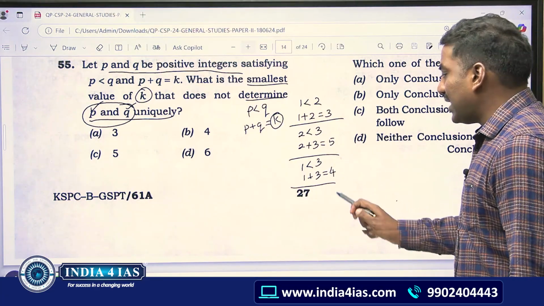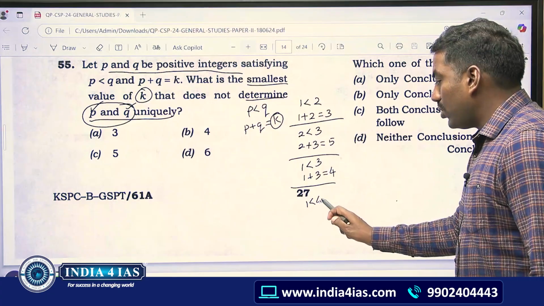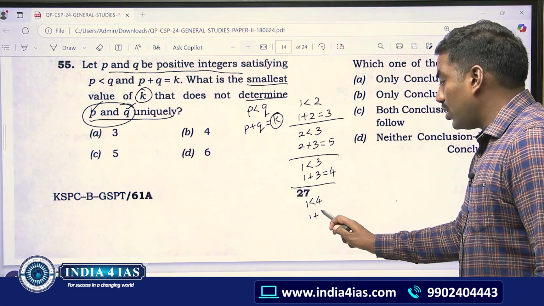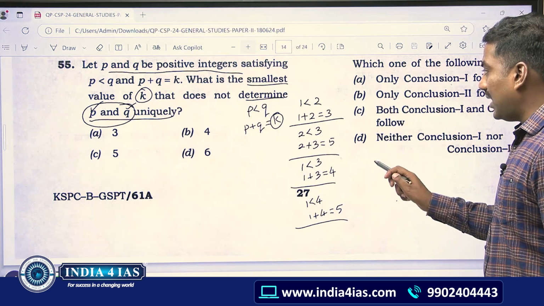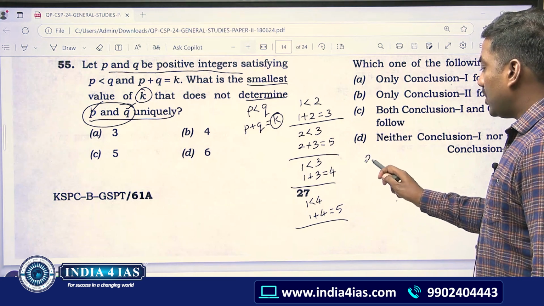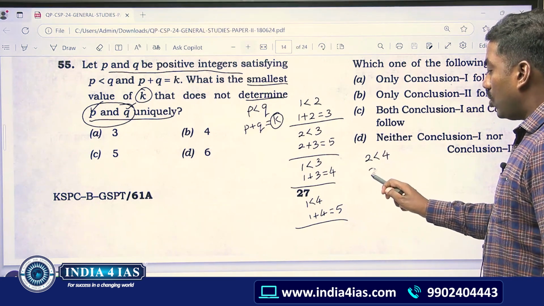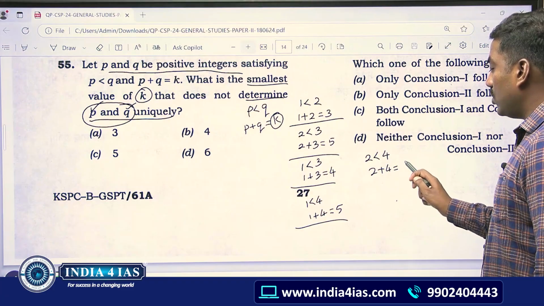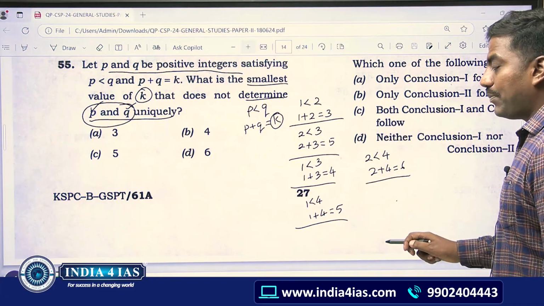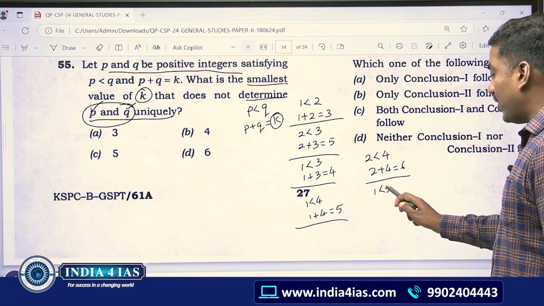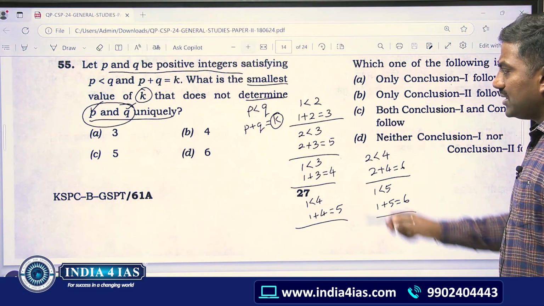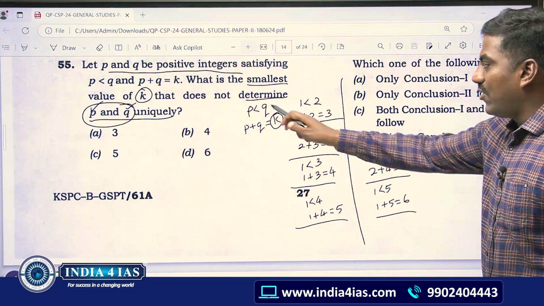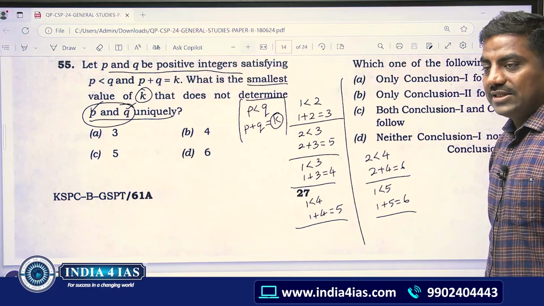Next example, 1 is less than 4. 1 plus 4 is equal to 5. Next, 2 is less than 4. 2 plus 4 is equal to 6. Next, 1 is less than 5. 1 plus 5 is equal to 6. So these are the different sets of examples that I have for this particular condition.